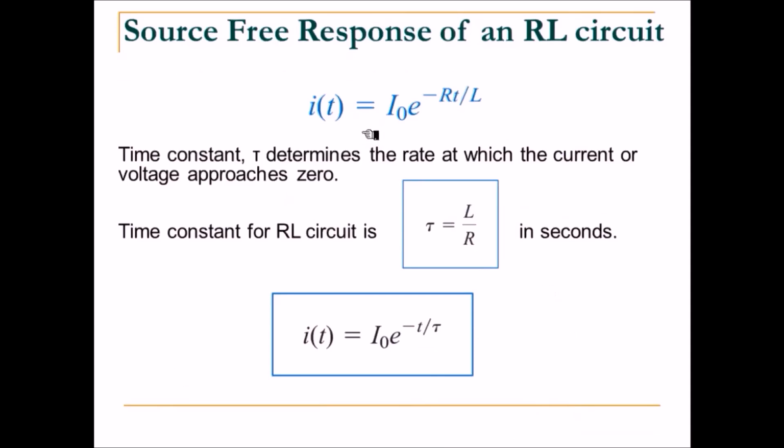So the source-free response of RL circuit will have the current i of t equal to I0 into e power minus Rt divided by L, where I0 is the initial current in the inductor.